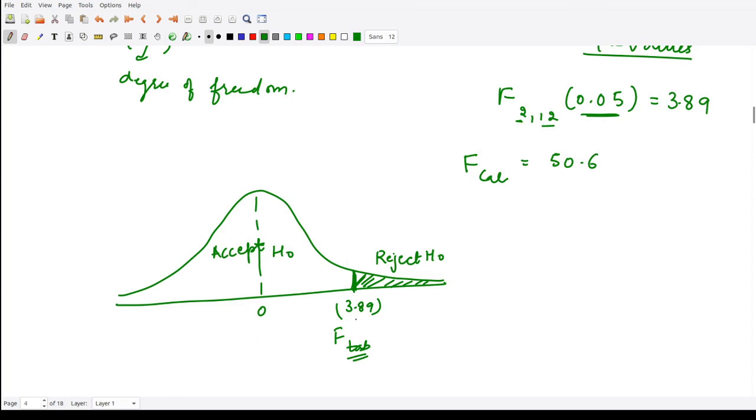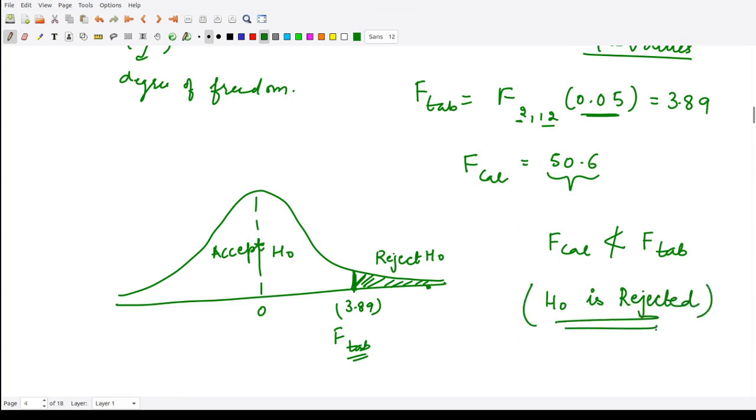So now our value is 50.6. So it would be somewhere here, right? So that means we are in the critical region here, because your F calculated value is not less than the F tabulated value, right? This is your F tabulated value. So that means in this case we will reject our null hypothesis.